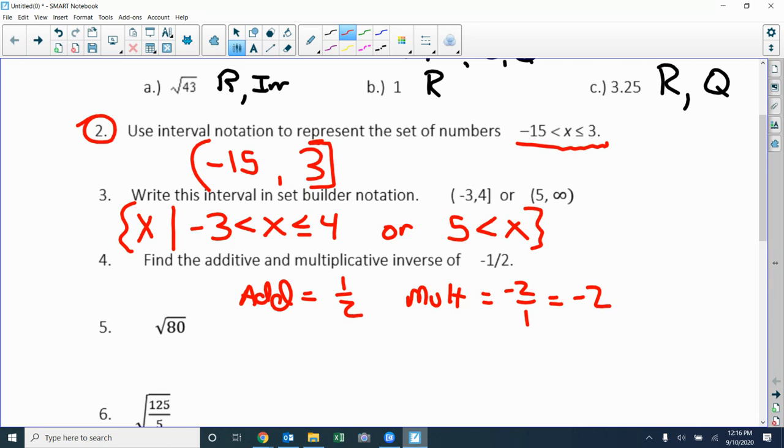So what do we add to get 0? What do we multiply to get 1? Write that down on your paper right now so you can study it, think about it. What do we add to get 0? What do we multiply to get 1? And that is for number 4.